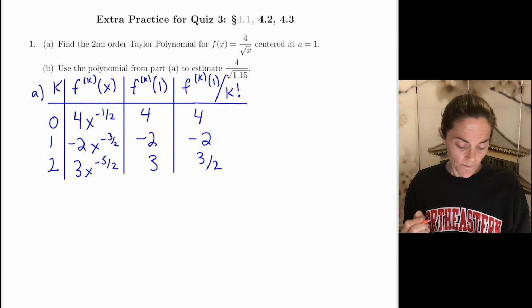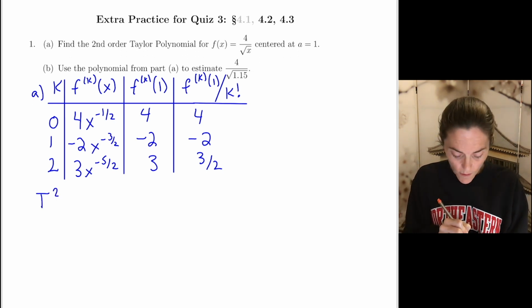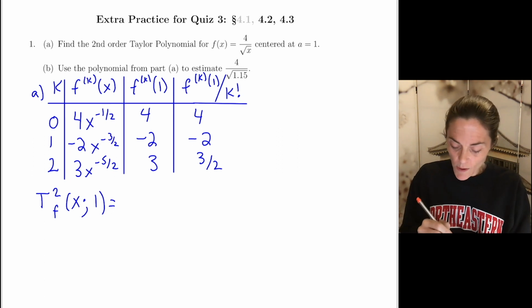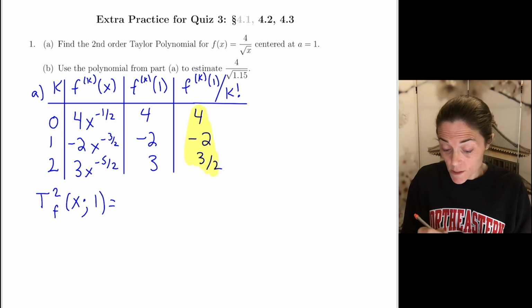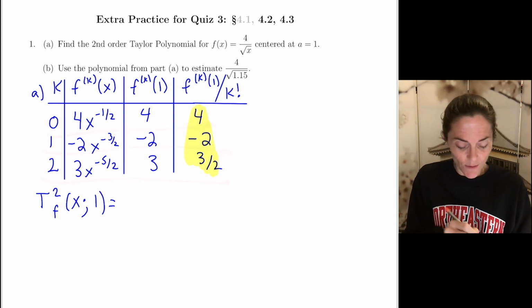And now I will write my answer. Here's this notation. We have second order, and then the center is 1. Okay, now these are the coefficients, and they go correspondingly with the degree. So here's the degree 0, degree 1, and degree 2.